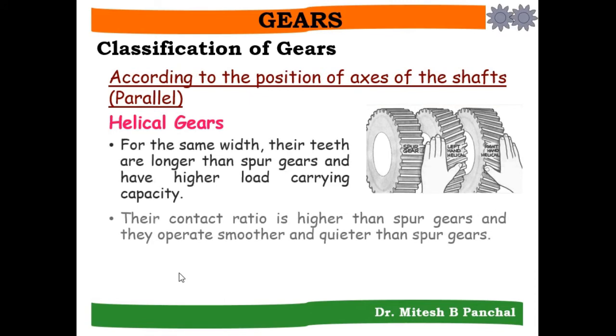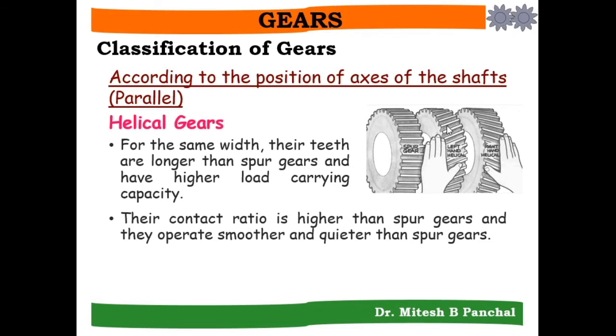For the same width, their teeth are longer. Means for the same width, the teeth of helical gears are longer than those of spur gears and have higher load carrying capacity. We can see over here the gear teeth are parallel to the axis, and in the case of helical gear the teeth are inclined to the axis.